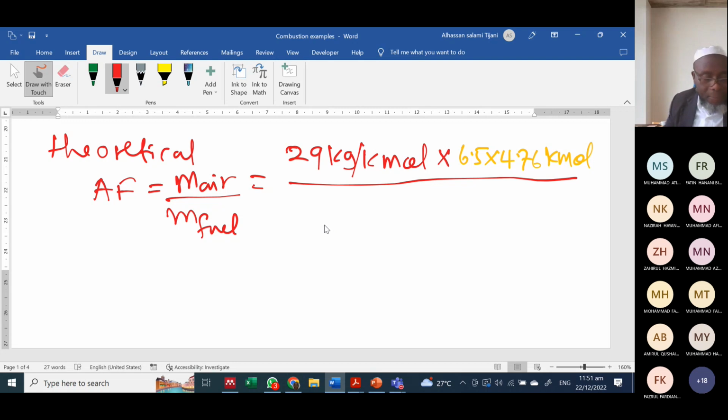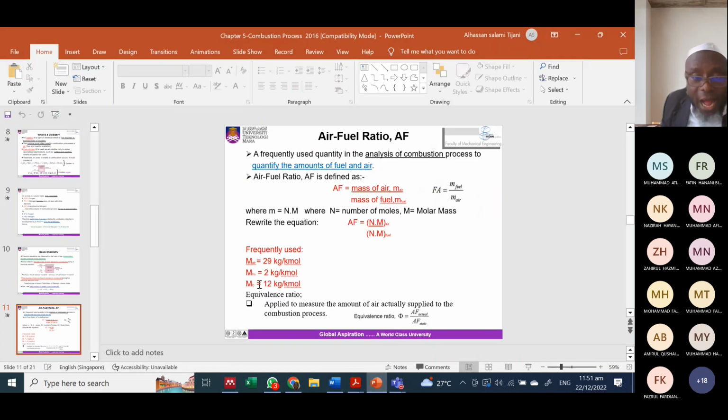For the fuel, we have carbon and hydrogen. Carbon is 12 kilogram per kilomole, and hydrogen is 2 kilogram per kilomole.